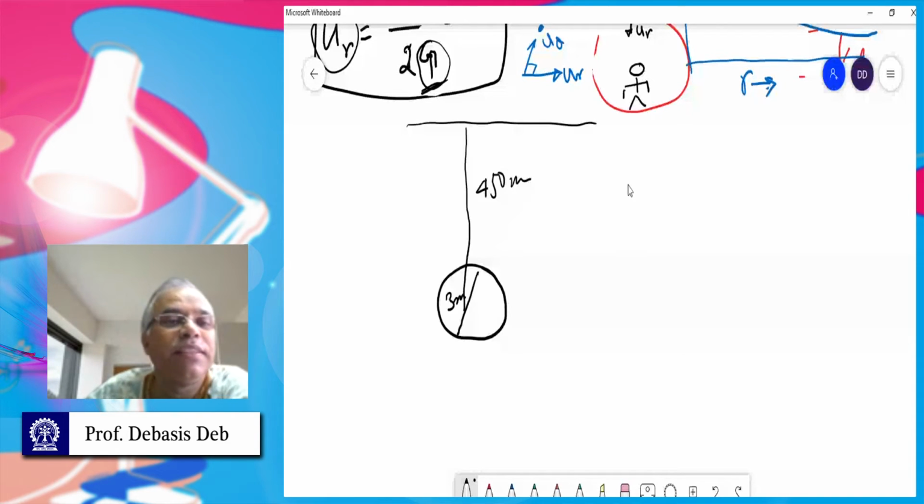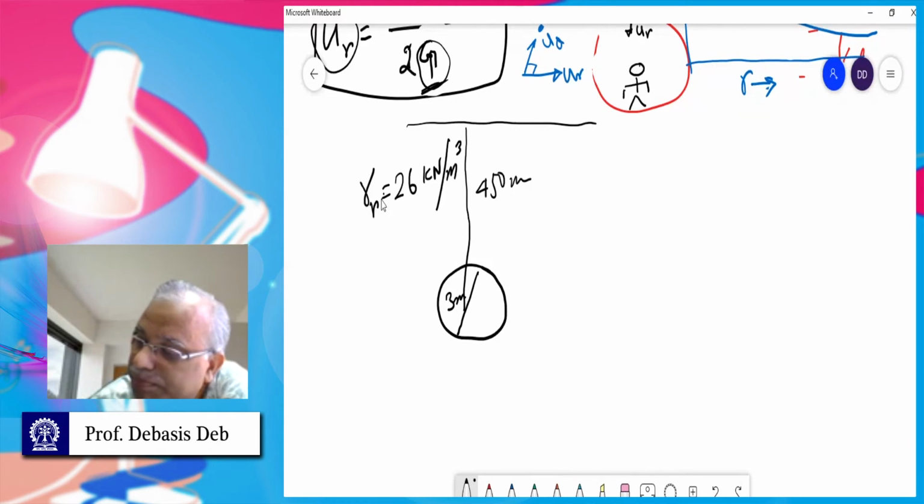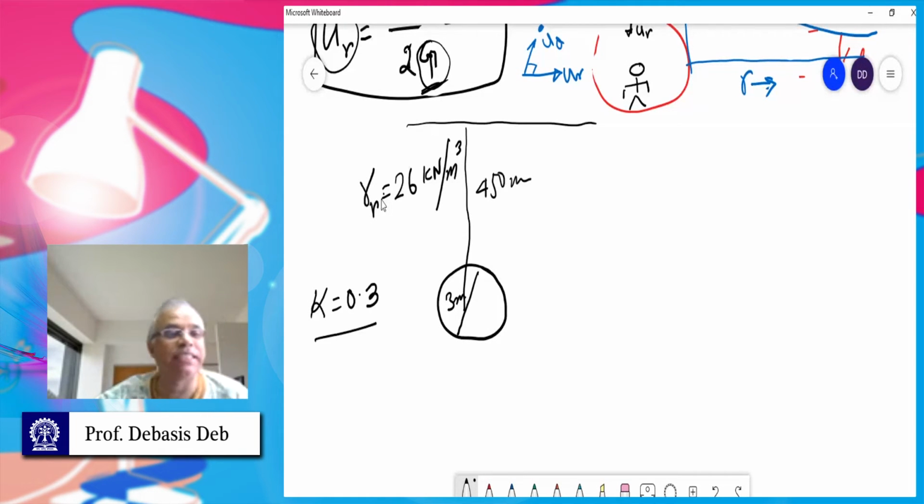This is what is given, and the gamma of this rock is given as 26 kilonewton per meter cube. They said to assume K equals 0.3. So for the geostatic stress we are assuming K equals 0.3.